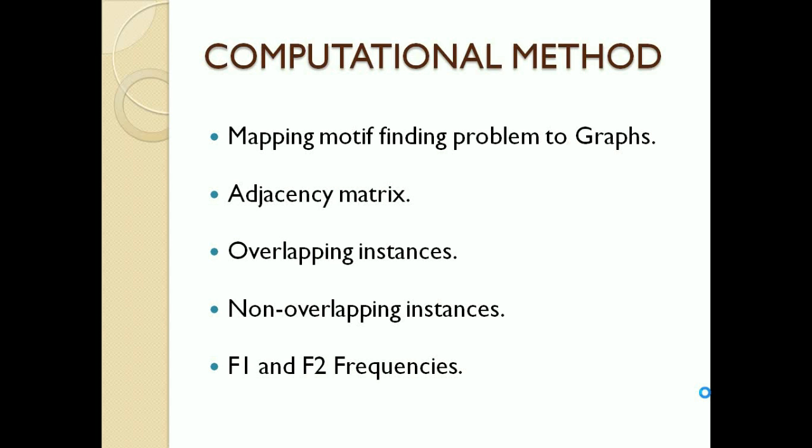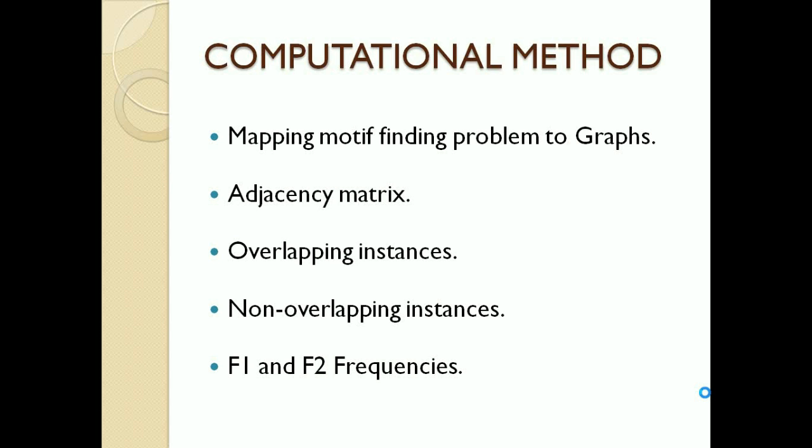The first frequency measure, F1, deals with overlapping instances and has no constraints regarding overlap. So it counts all occurrences of a motif regardless of overlapping of edges or nodes or both. The second frequency measure, F2, counts the number of occurrences of a motif such that no two occurrences share an edge.